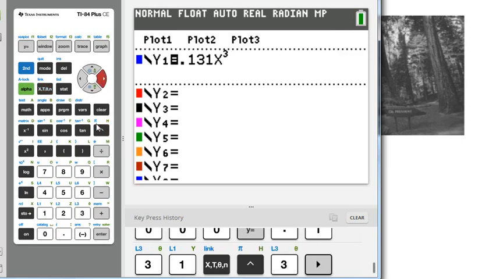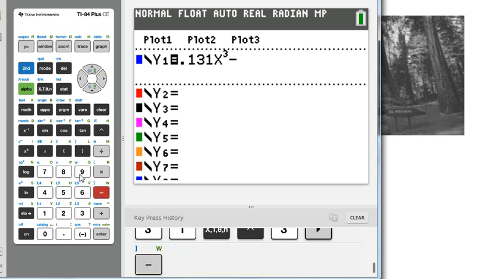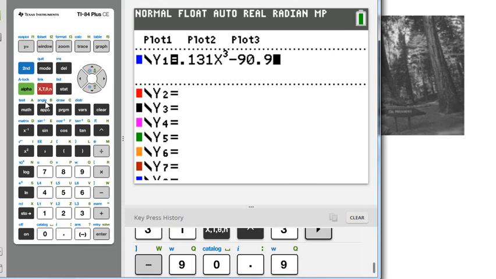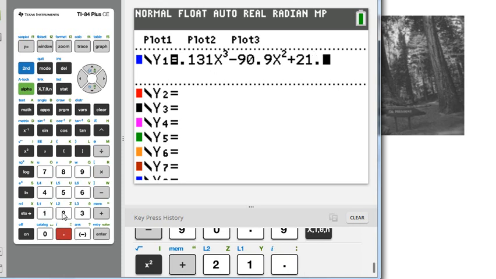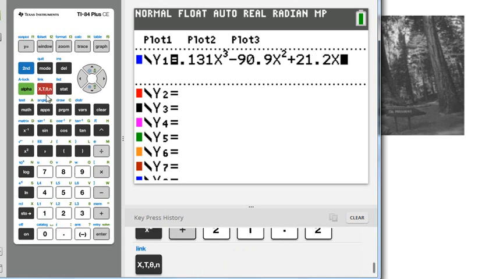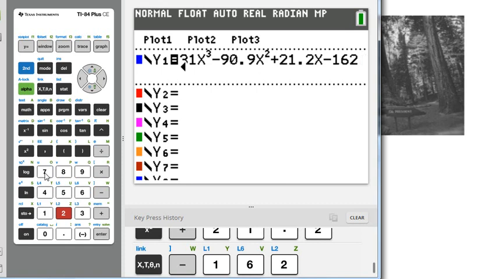Over here, we're going to put minus 90.9 h squared, make that x squared, plus 21.2 x, and then minus something like 1,620,007,400.